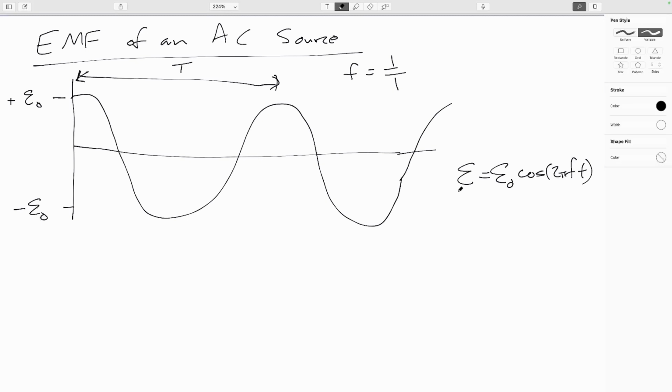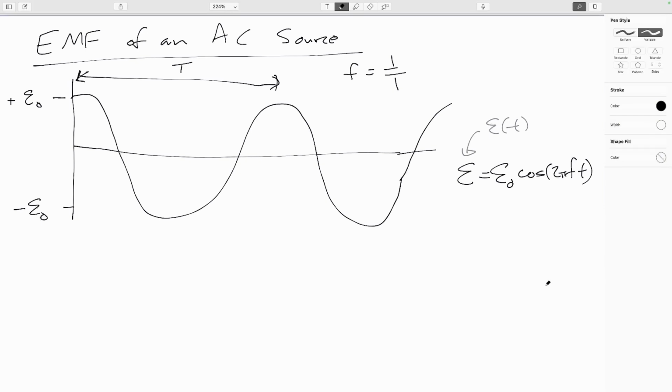Now, technically, I should be writing the EMF symbol with parentheses t. But in the world of AC circuits, this is quietly understood to be read as the EMF as a function of time. And we just don't bother writing the of t part. That's pretty standard notation.